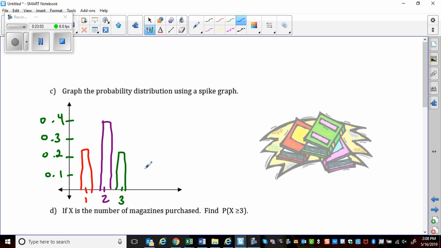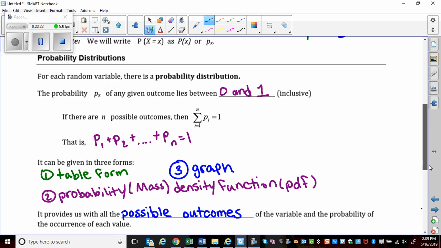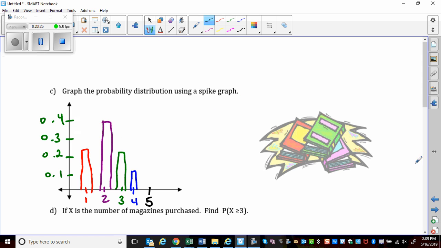And the people who purchased 4 are, I think it was 0.13, so a little bit over 1. And then the people who purchased 5 were 0.05. So that was a half this.